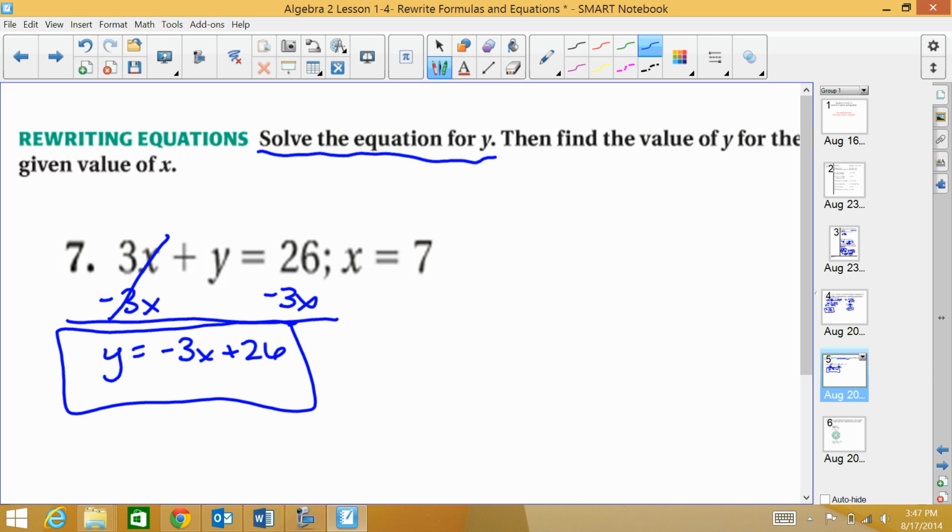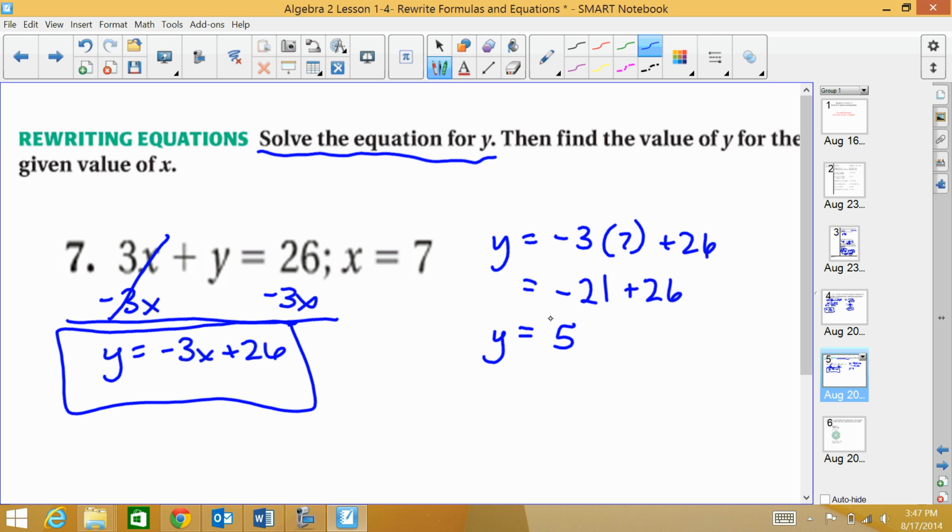So if we know that x equals 7, we're going to plug that in. So y equals negative 3 times 7 plus 26. So that would be negative 21 plus 26, which would equal 5. So y would equal 5 if x equals 7. So pretty simple on that one too.